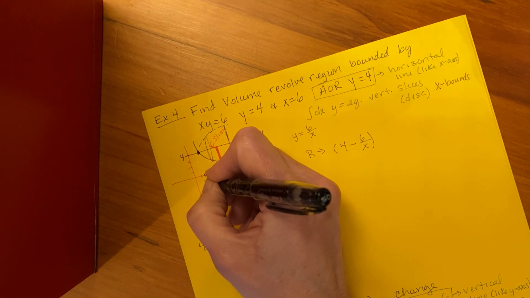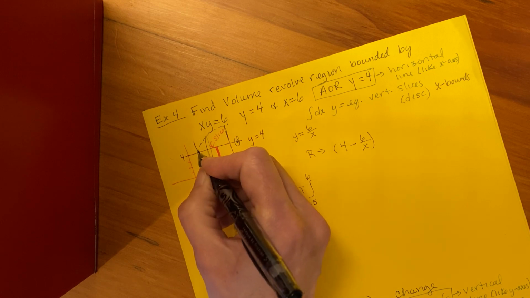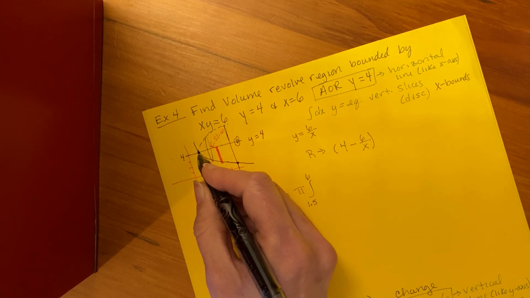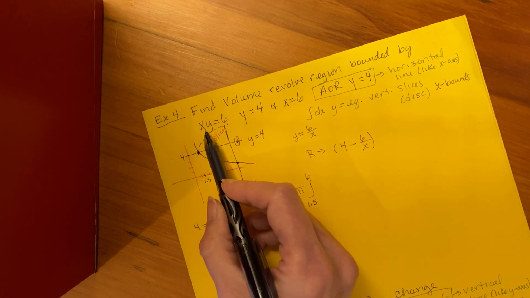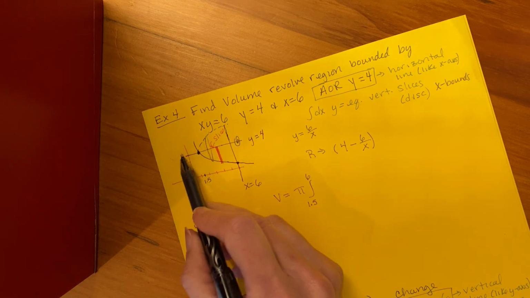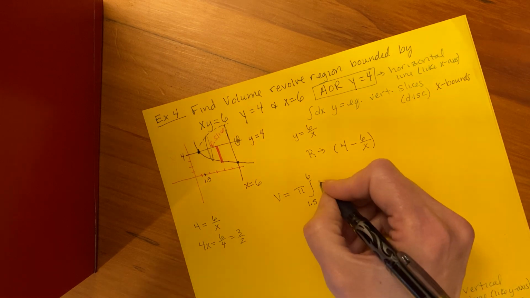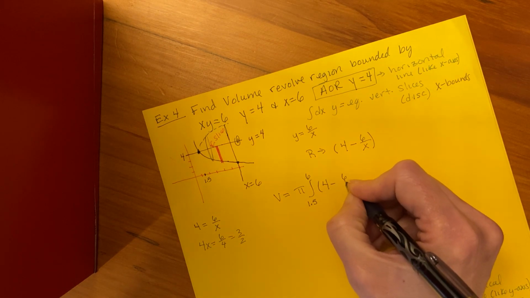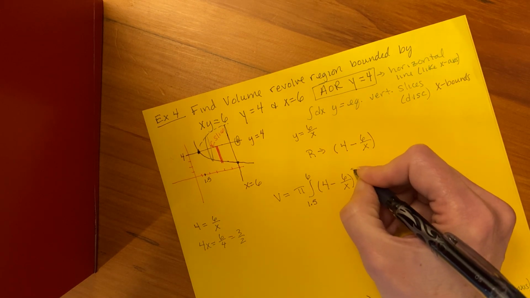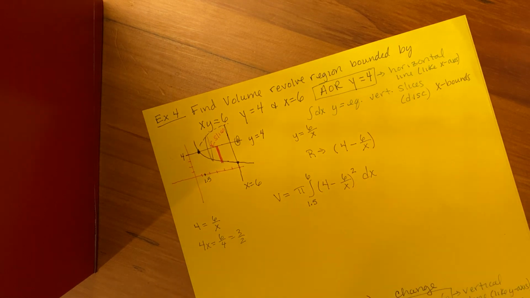So right here, that's where that point of intersection is. And I'm really setting this equation equal to y equals 4 because I know that's the line y equals 4 and what it has to equal. And now I need to have my 4 minus 6 over x. That's going to be squared and a dx here.